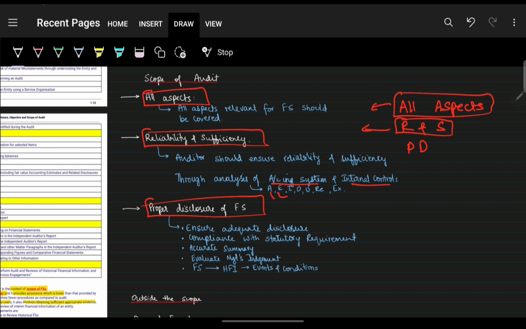Through what is this AEIOU? These are the methods by which he will check the assertions. So what is A for? Analytical procedures.